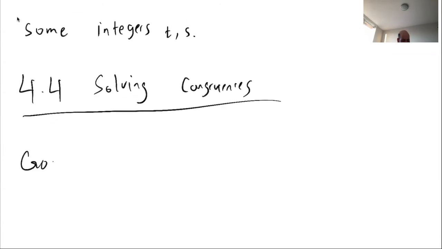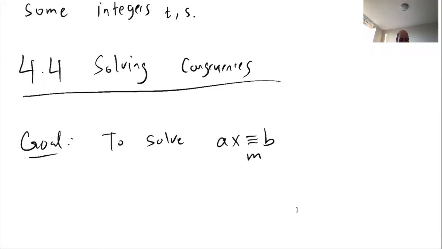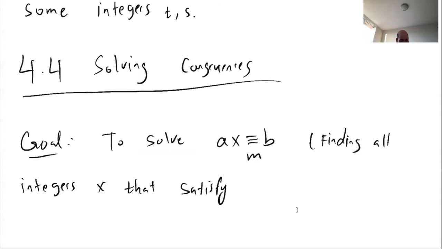So the goal is to solve, let's say, AX congruent to B mod M, where A and B are integers and M is also an integer, and we want to solve for X. That means finding all integers X that satisfy AX congruent to B mod M.